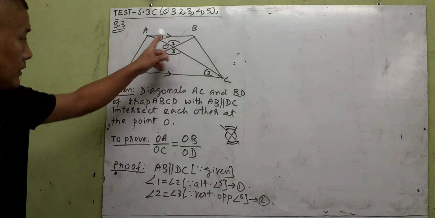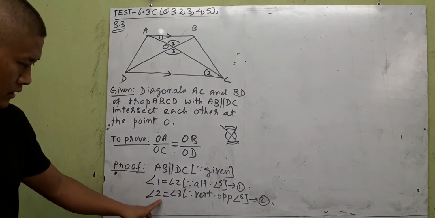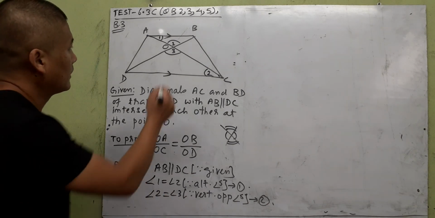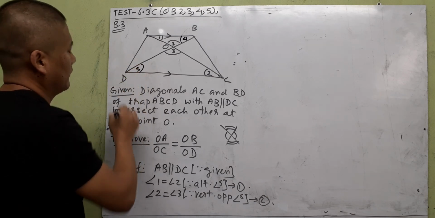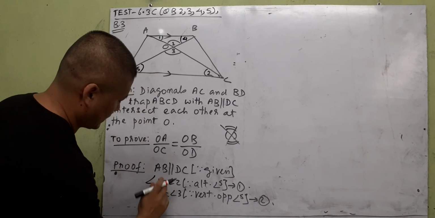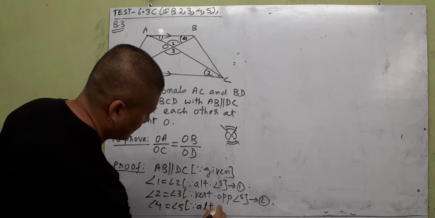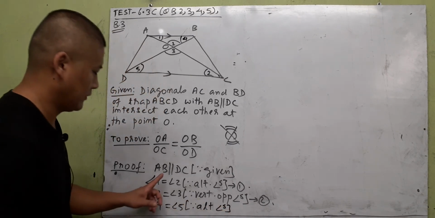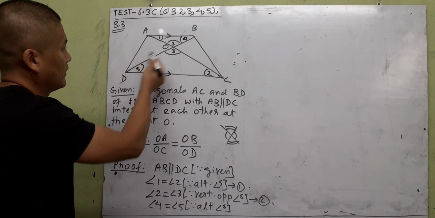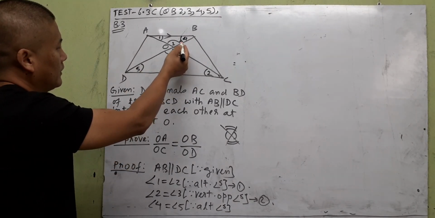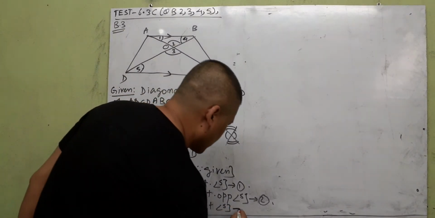See here, these two lines cutting straight, up and down like scissors, angle 2 and 3. Then here 4 if I put, and here 5. Then I write angle 4 will be equal to angle 5 because they are again alternate angles. The lines are already parallel. This line is parallel to this, so if you cut this, 4 inside left, inside right, they are alternate. Let's put this one as equation number 3.